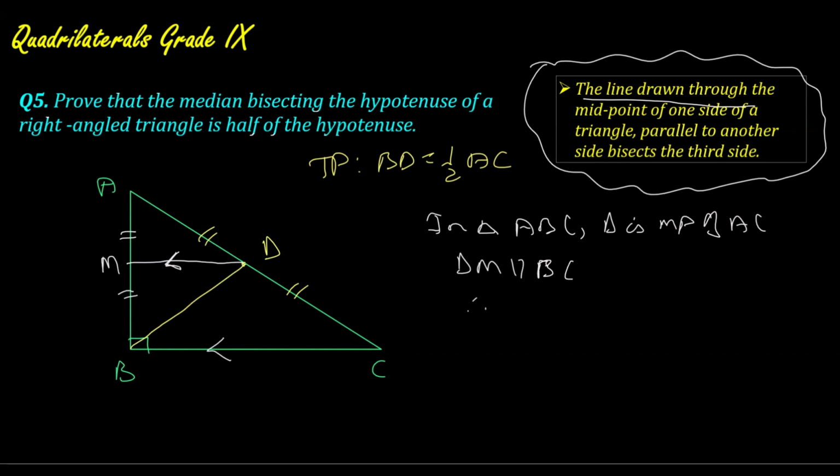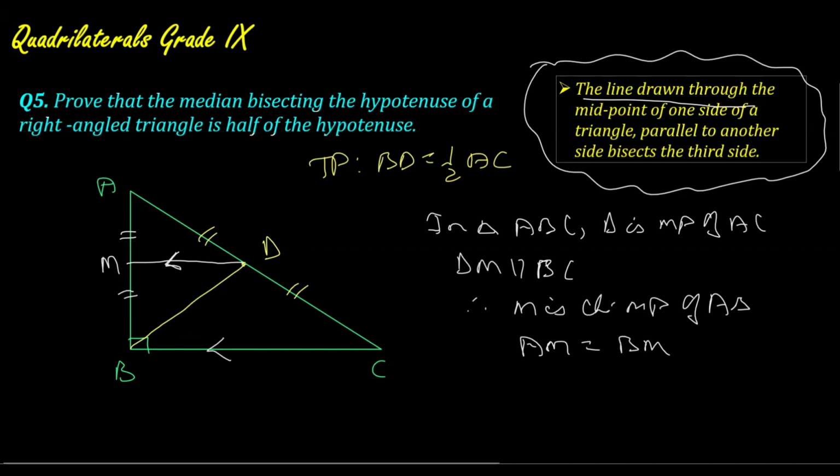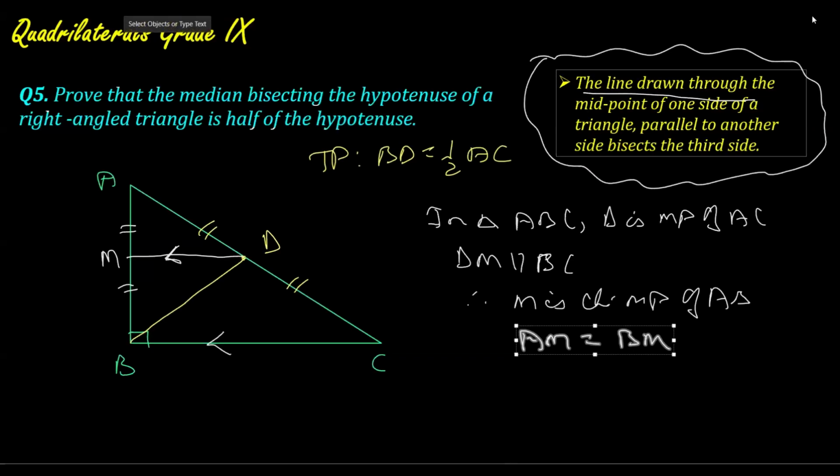So applying this converse of midpoint, I can say that M is the midpoint of AB. So we got AM is equal to BM. That's our concluding point.